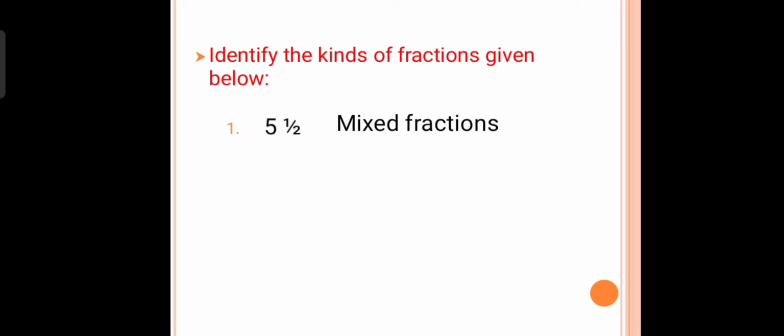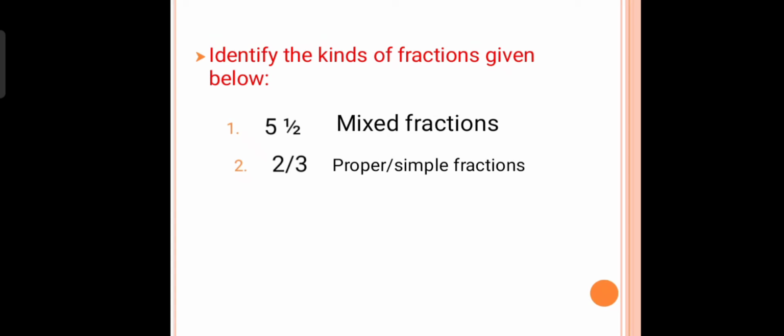Because it has a whole number and a fraction. Very good. Next, 2/3. What kind of fraction? Proper, simple fraction, because the numerator is smaller than the denominator. 2 is smaller than 3. Then, that is called a proper or simple fraction.